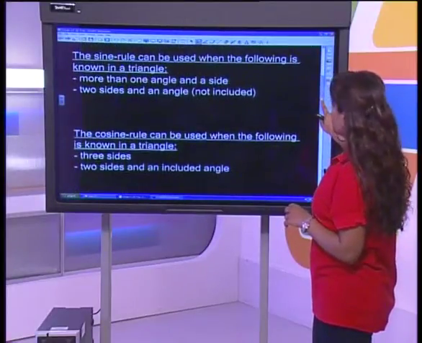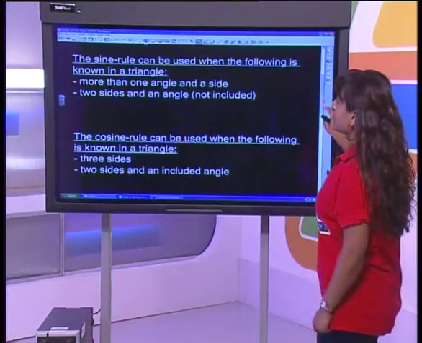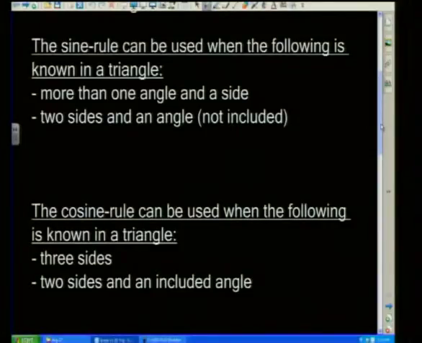So the first thing we're going to just go over briefly is the sine rule. And the sine rule can be used when either you have more than one angle in a triangle and a side, or if you have two sides and an angle. Very important though, when you have two sides and an angle, the angle must not be included.